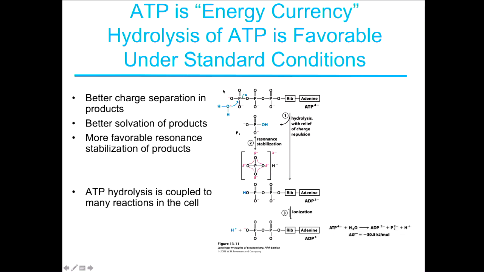When you have ATP, you have negative charges on the gamma phosphoryl group, the beta phosphoryl group, and the alpha phosphoryl group. You separate them, and inorganic phosphate floats away. There go two negative charges, and then the ADP has two others. Bringing things together, when you've got two negative charges and two more negative charges, that's kind of hard. So the products give you better charge separation.